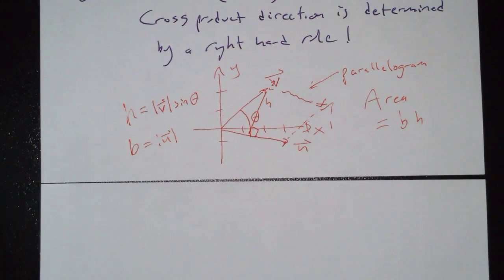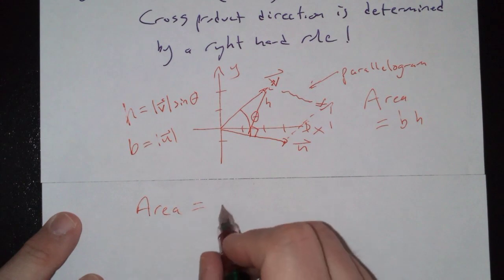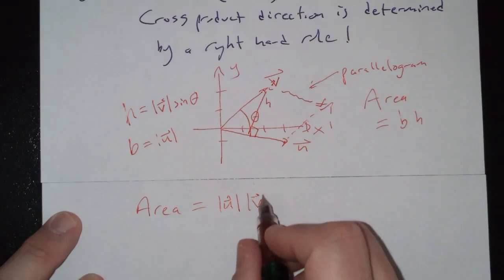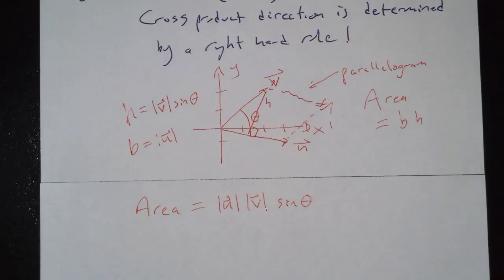Hey, wait a minute. The area of this parallelogram is the length of u times the length of v times the sine of the angle between them. So the cosine part gave me one thing. The sine actually gives me a physical area.